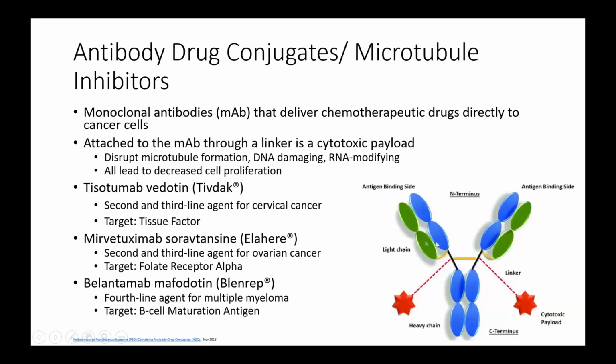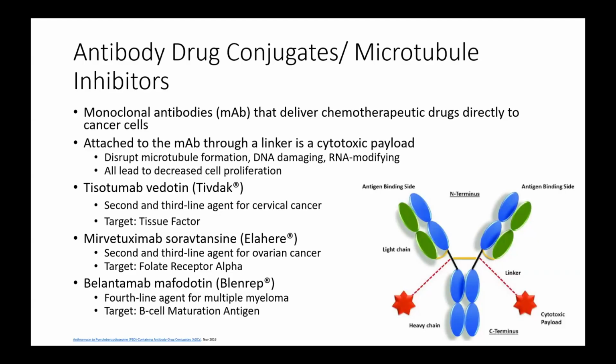So when the monoclonal antibody binds to the surface receptor which it is targeting, it will be taken into the cell, processed in the lysosomes, thereby leaving the cytotoxic payload in the cytoplasm, which then can migrate to the nucleus, because a lot of the cytotoxic payloads either work by disrupting microtubule formation, so preventing mitoses, DNA damaging, or even modifying RNA as it moves through the cytoplasm.